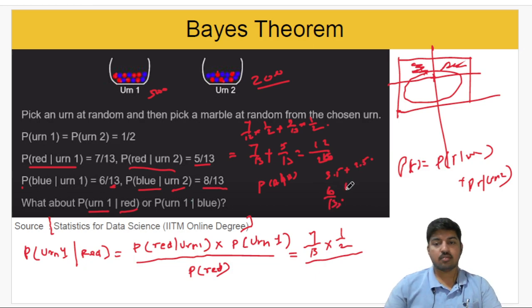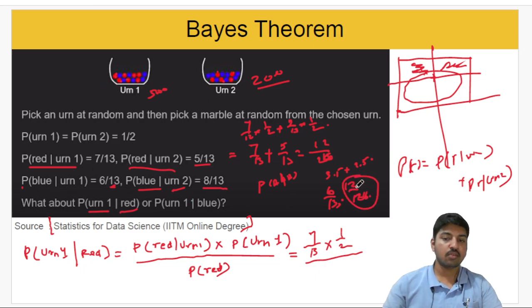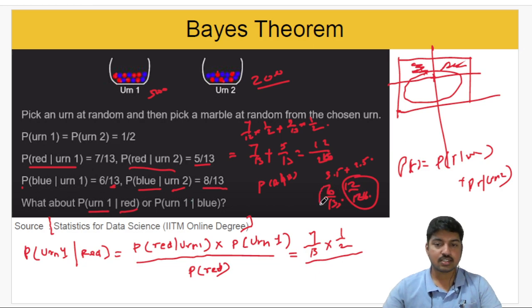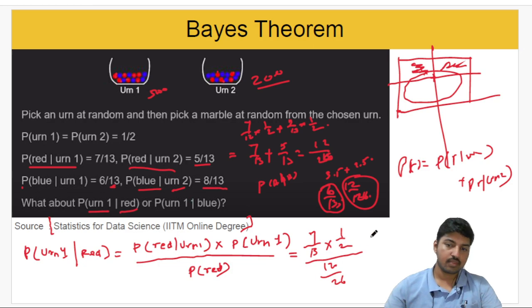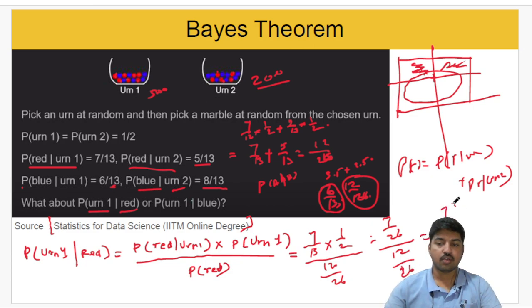So now it is correct because it is 12 by 26. This is how we were expecting that it will come 12 by 26. 6 by 13 is equal to 12 by 26. So you'll get the answer as 7 by 26 divided by 12 by 26, which is equal to 7 divided by 12.